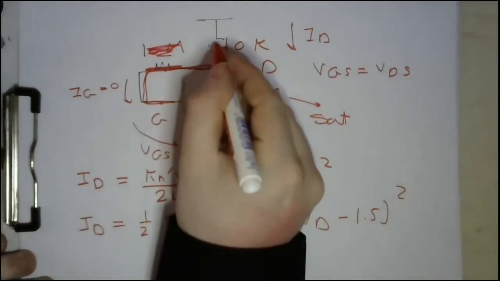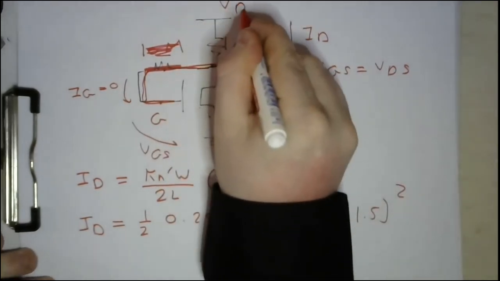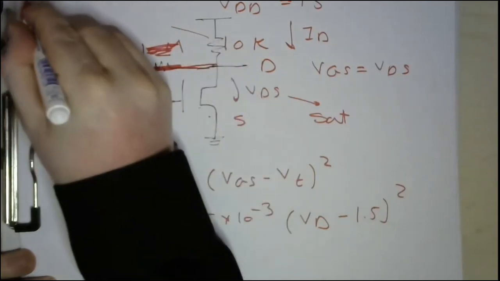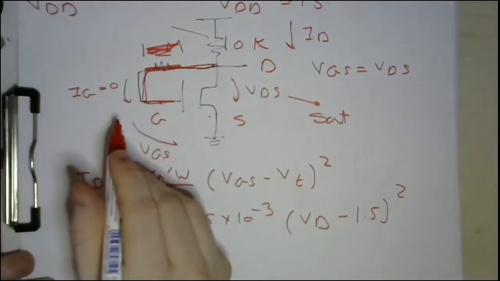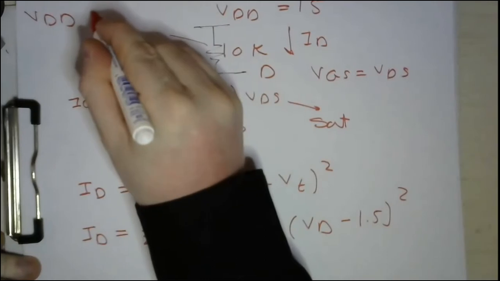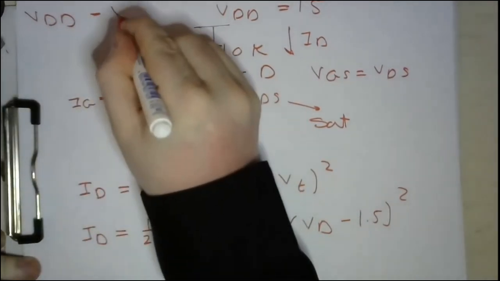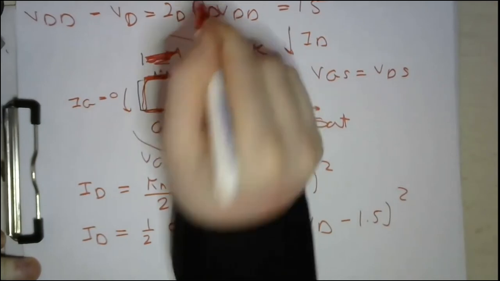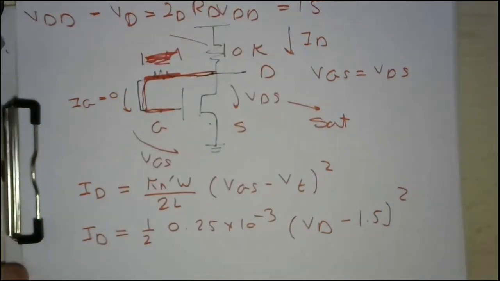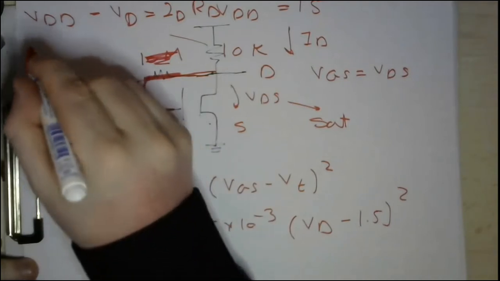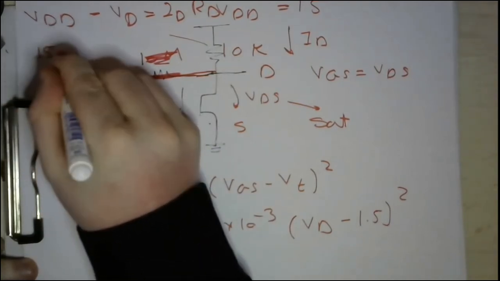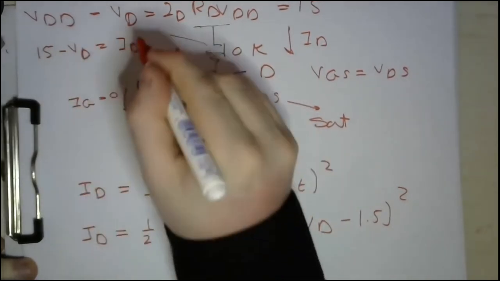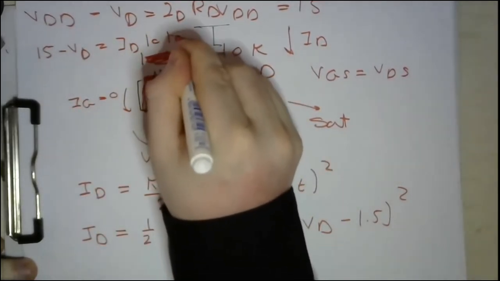So in a very easy manner, you can say this is VDD, which is 15 volts. So you can say that VDD minus VD equals ID times R. This is a very simple equation, which means that 15 minus VD equals ID times 10 times 10 power 3.